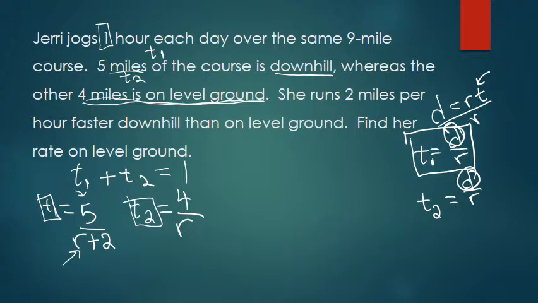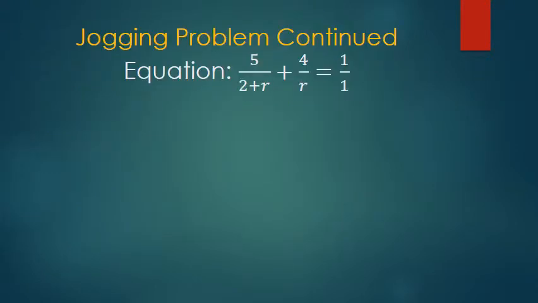So T1 is 5 over r plus 2, plus T2, which is 4 over r, and that equals, I'm going to write it as 1 over 1 so that it's clear I have a rational expression on the right-hand side as well. Okay, I'm going to go to the next slide to actually work out this problem. I'm going to continue with the jogging problem and actually go solve this.